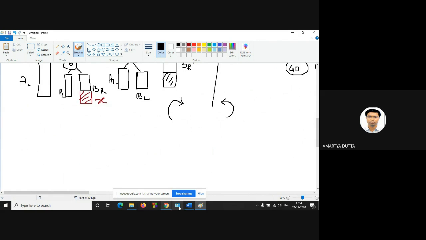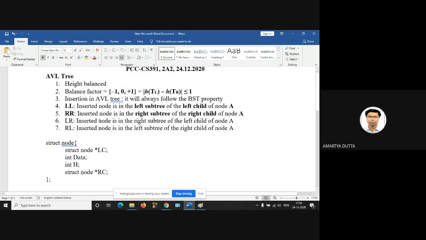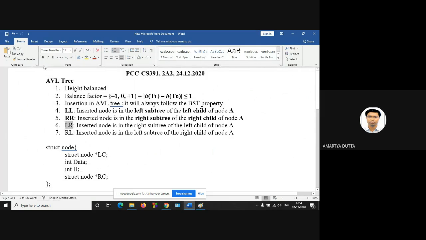Now LR rotation. The inserted node is in the right subtree of the left child, the right subtree of the left child of node A. So what is the scenario?